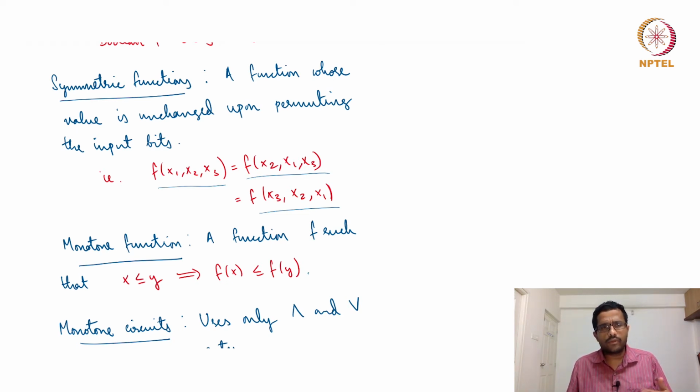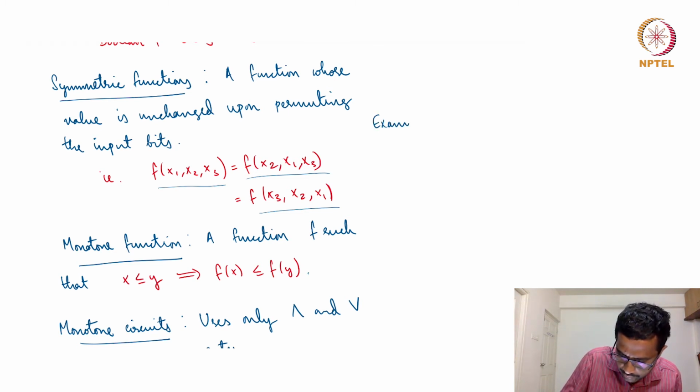Many functions that we can think of are symmetric. AND is a symmetric function; it doesn't matter in what order you give the inputs. OR is a symmetric function. XOR is also a symmetric function. Unless you have some function like negation of x and y, that will not be symmetric.